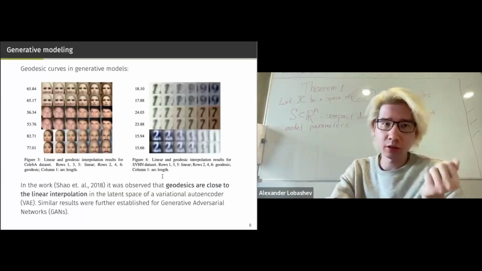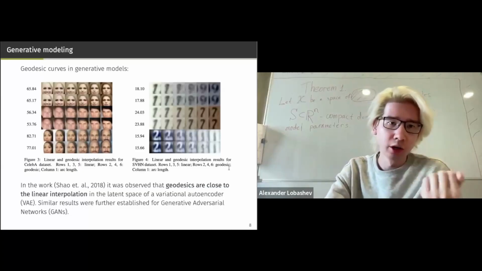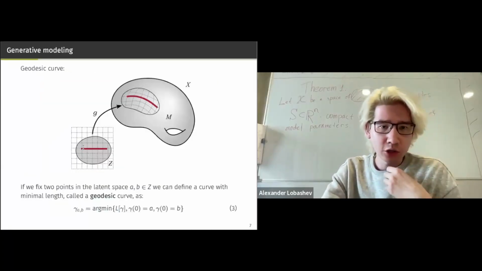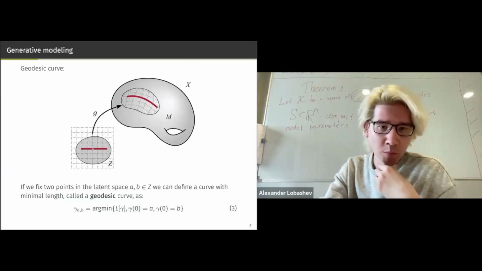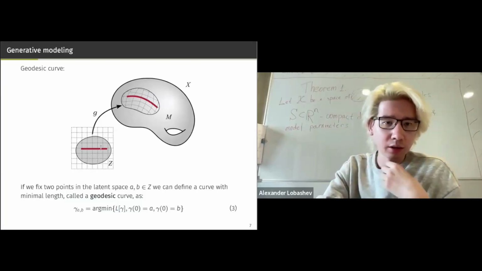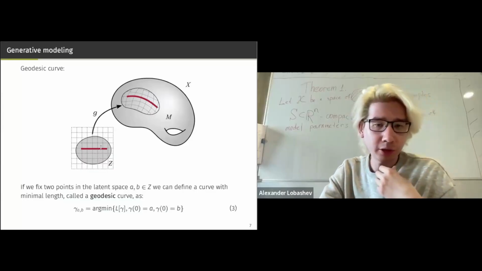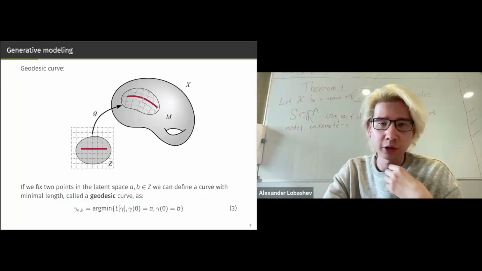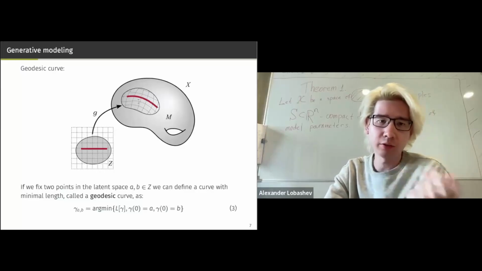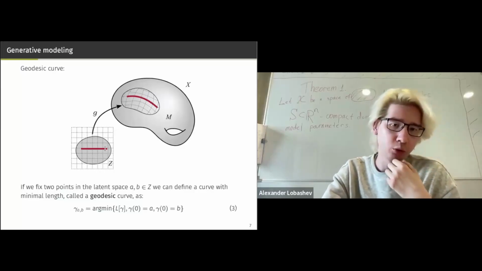This problem of finding a geodesic is solvable for small generators and discriminators. And people ask a question: what if we just take latent noise and consider a straight line in the latent space, and it will give rise to some interpolation between images? This is the first way of interpolating between two images.